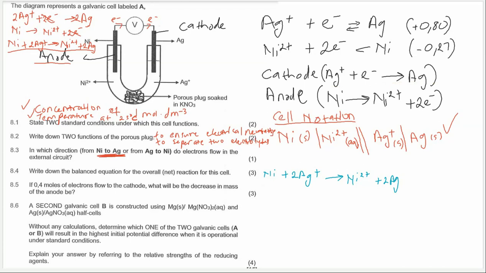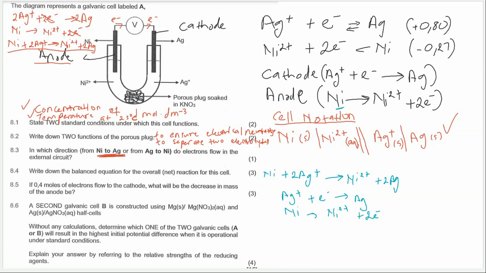For the cathode, you have Ag+ plus e-, and then you're going to get Ag. And then for the anode, we need to know the decrease in mass of the nickel. So you have your nickel, and then you have Ni2+ plus 2e-.